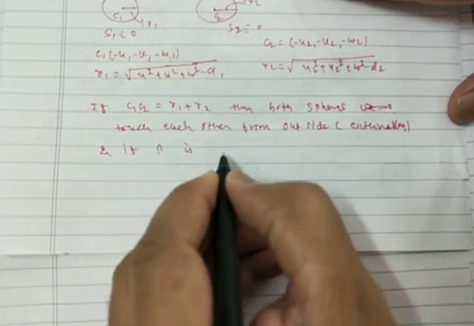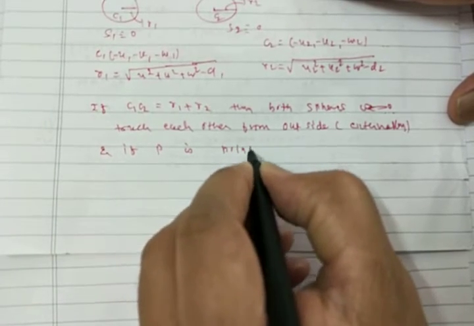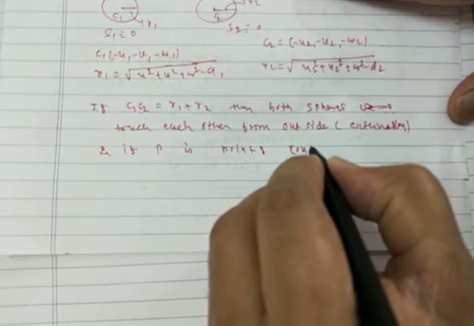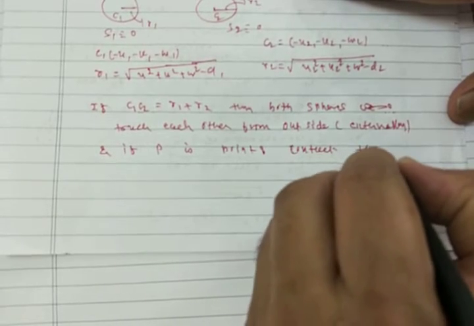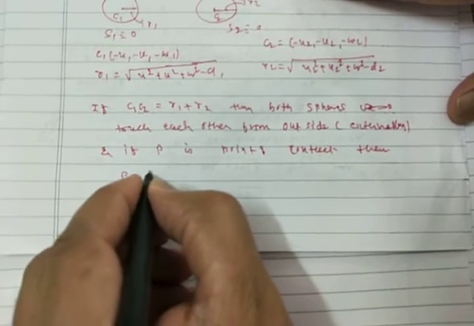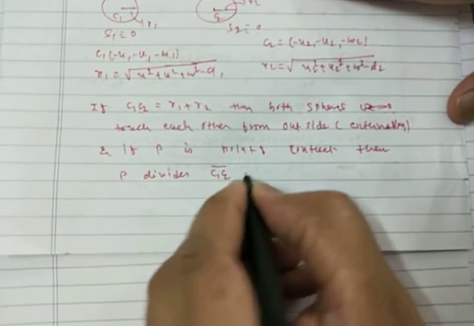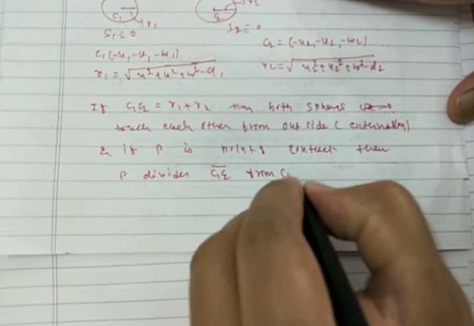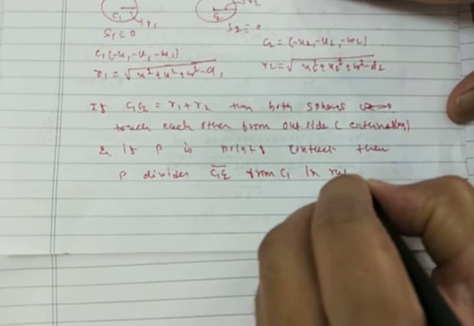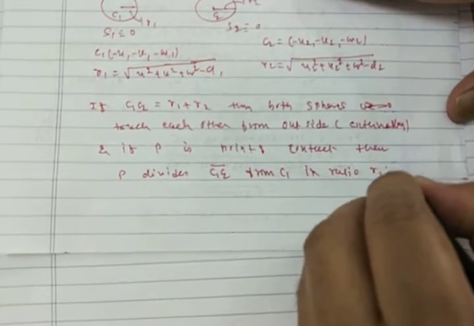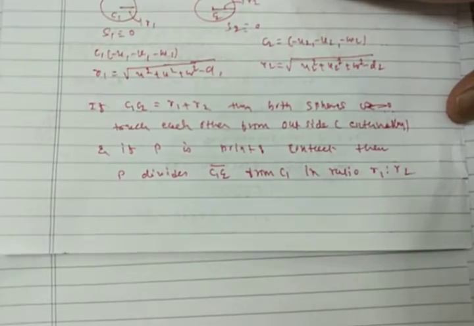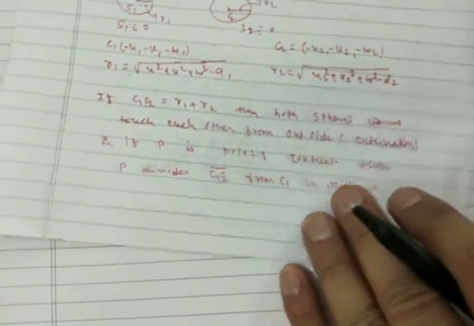And if P is the point of contact, then P divides the line segment C1C2 from C1 in the ratio R1 is to R2. Clear? Next one.